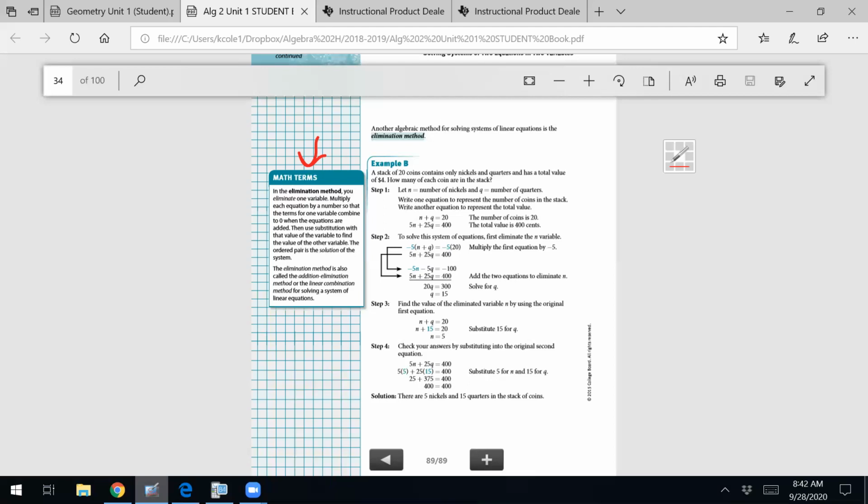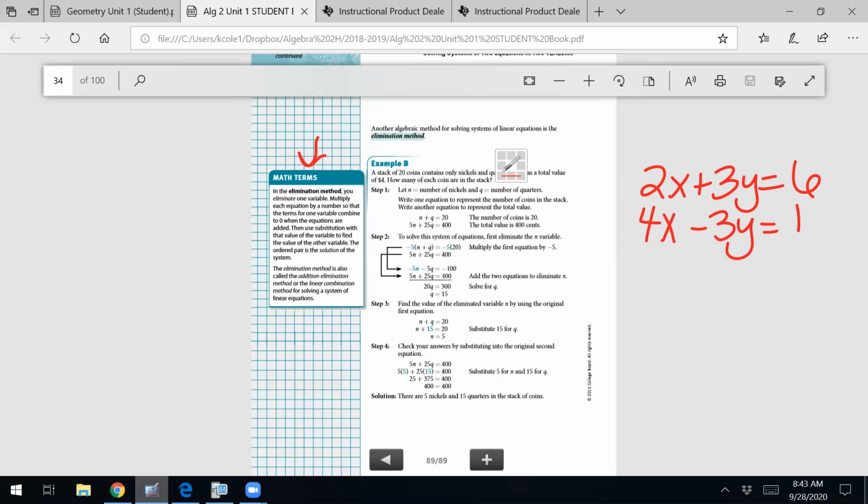So when we're talking about eliminating, you are going to want your x value or your y value to be opposite of one another. Y'all put y'all's mask up. So if we have 2x plus 3y equals 6 as one of our equations, and then another equation is, I don't know, 4x minus 3y equals 12.